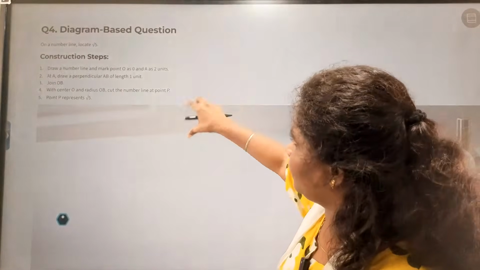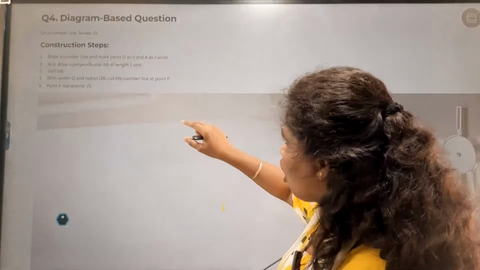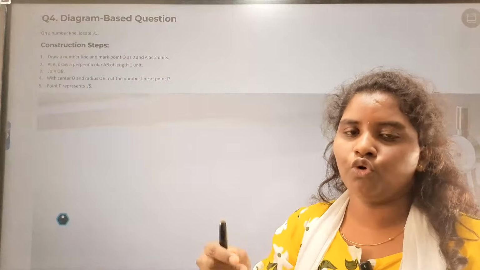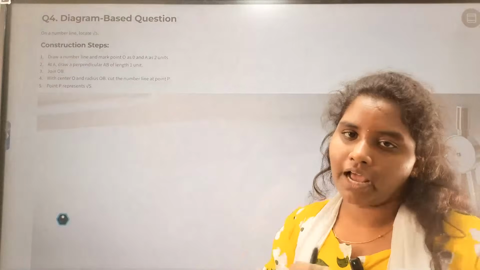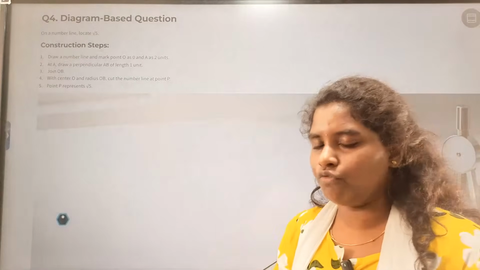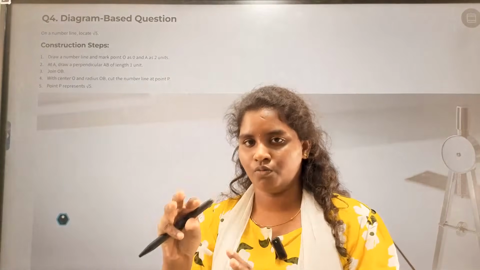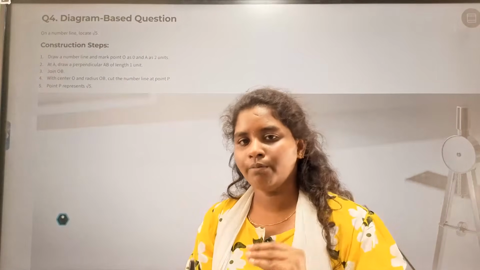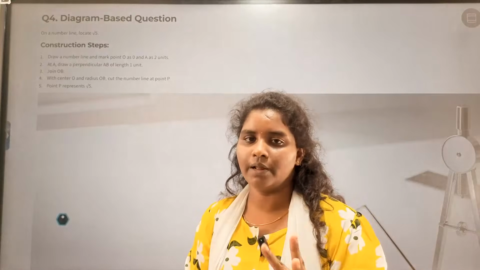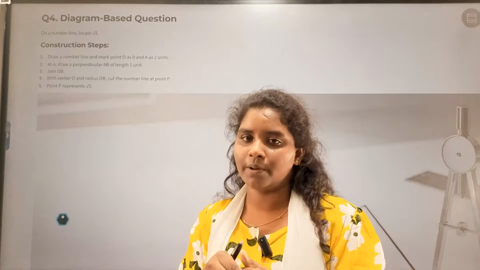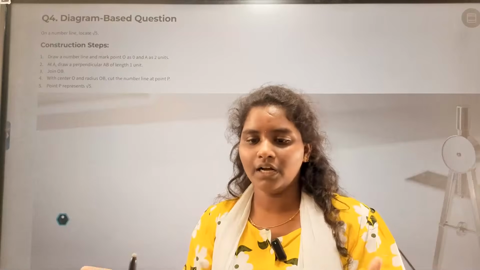If I draw one number line with 0, 1, 2, 3, I'm going to form a right angle triangle. Then I'm going to plot all the values by using the Pythagoras theorem. Pythagoras theorem is famous, right? It's from the trigonometry chapter, for a right angle triangle.